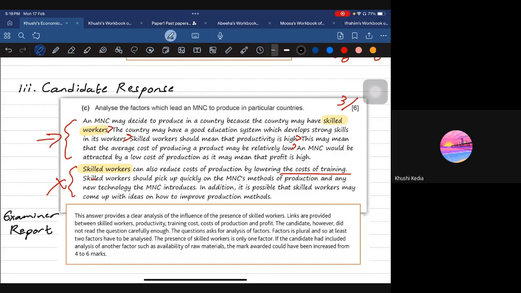So there was only one factor, but there must have been 2 factors. He was saved only because he used very good vocab in answering this question. So he did really good there, and that's why he is being given 4 out of 6.